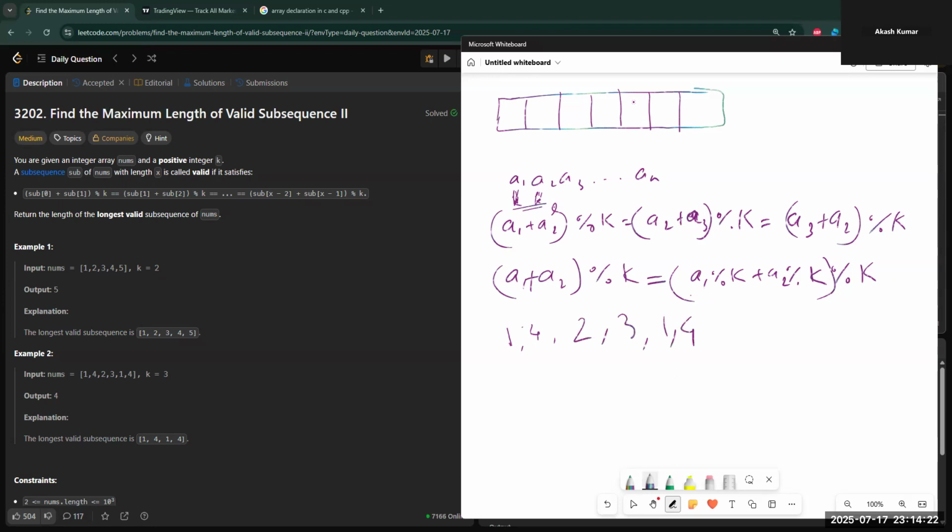If we see the modulo values of these elements, with K equal to 3, they are 1, 1, 2, 0, 1, 1.